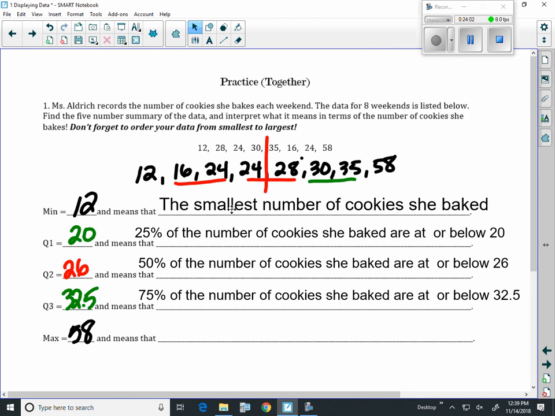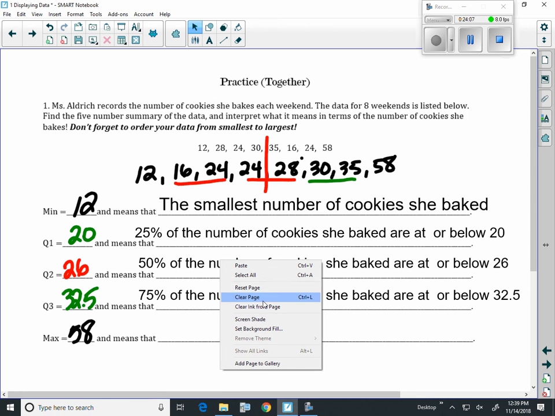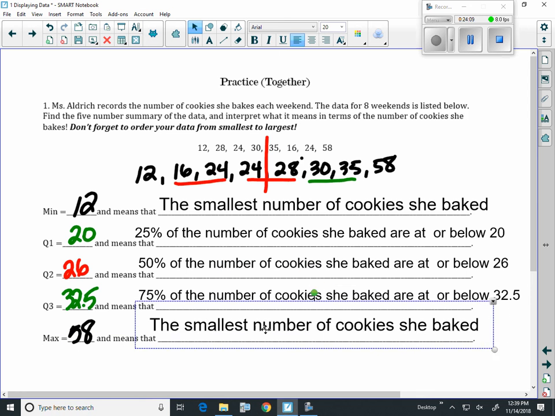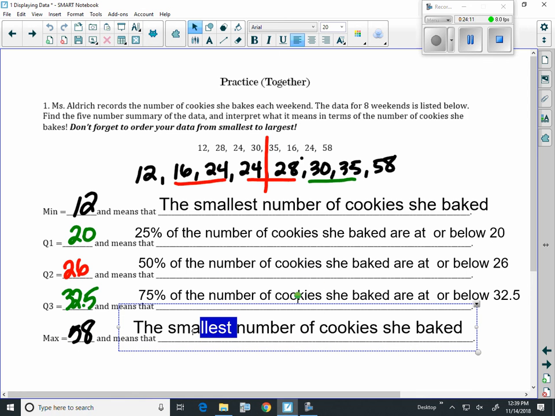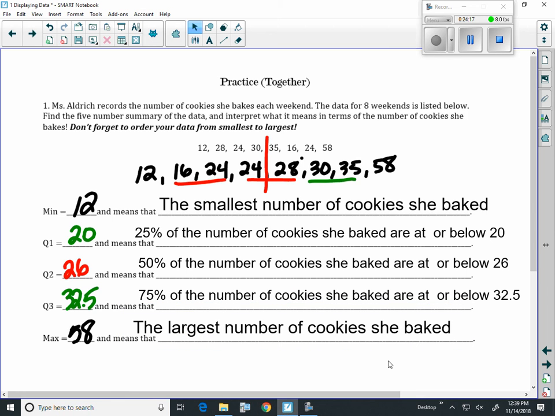You know, she baked 32 and a half cookies because I ate half of them. And then 58 is the largest number of cookies that she baked.